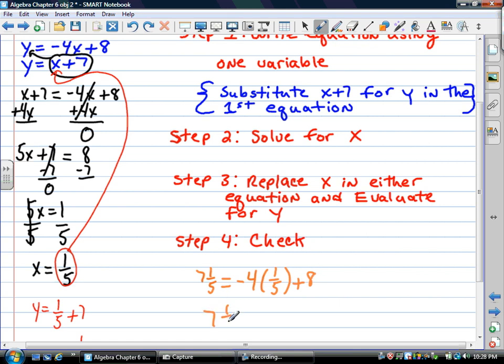Is 7 1/5 the same as negative 4 times 1/5, which is negative 4/5, plus 8? Is that true? Yes, it is. All right? So that's what we're going to be doing. Those are the steps. We substitute, we solve, we replace, and we check.